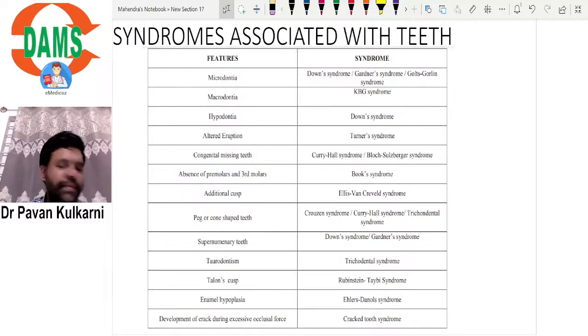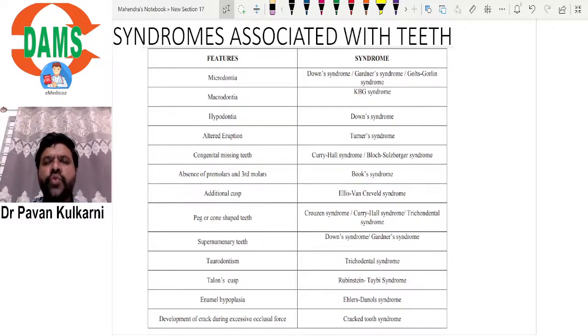Very important syndrome, please remember, Book syndrome. The syndrome associated with additional cusps is Ellis-Van Creveld syndrome. Taurodontism is mainly associated with two syndromes: Klinefelter syndrome and trichodental syndrome.